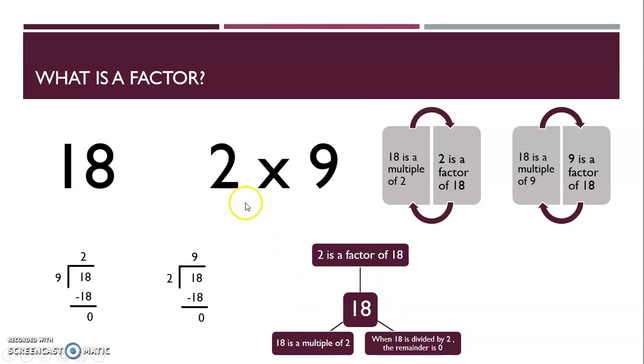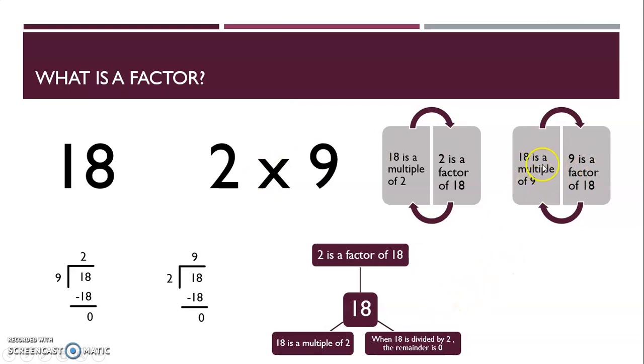If I say 9 is a factor of 18, then we automatically mean some number times 9 is 18. That is, 18 is a multiple of 9.